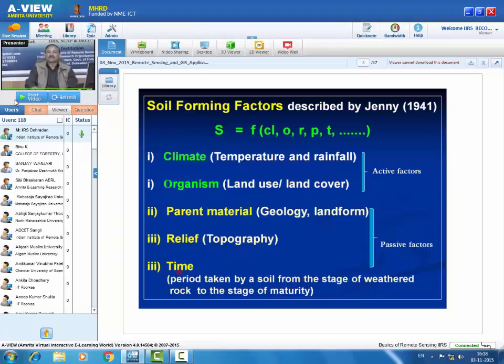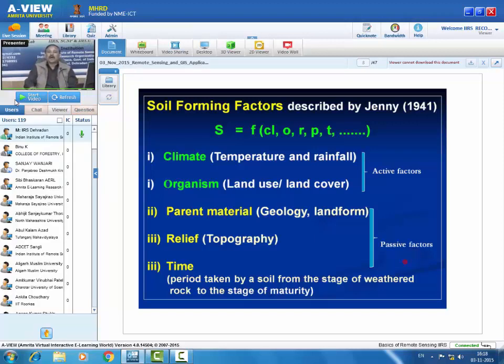And the fifth is time. Time is the period, how much time is taken by the soil in weathering or development from rock to the stage of maturity. And these three factors are considered passive factors. These passive factors are the factors which condition the development of the soil.